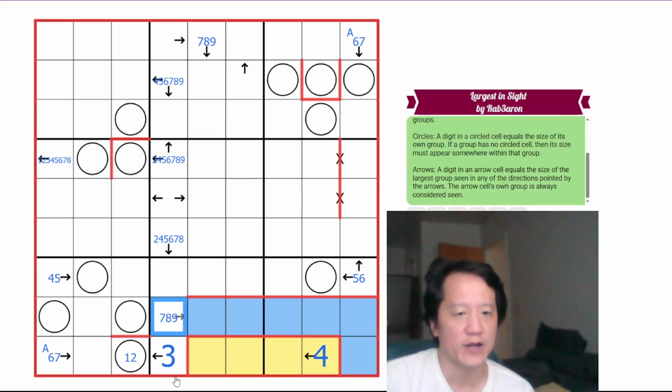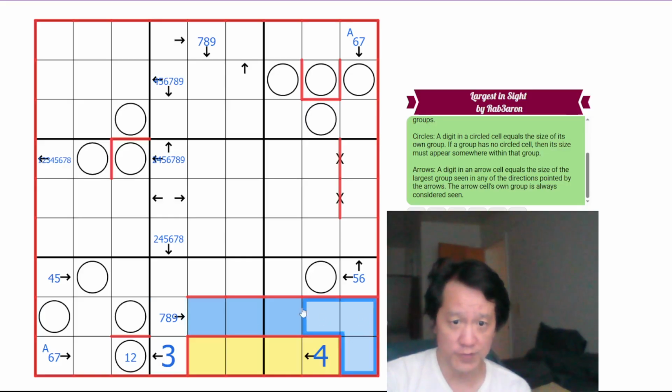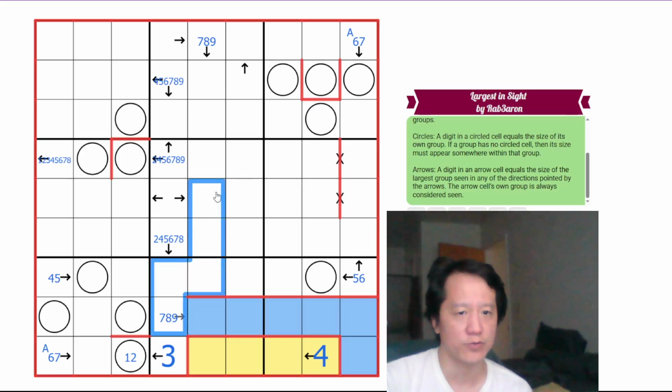Okay, so, well, that's fine. That means these cannot be the same region, because this would... If these are the same region, this matches its own region no matter what. Whether it's part of this group... Sorry, not region. Group. Or whether it's part of some other group.